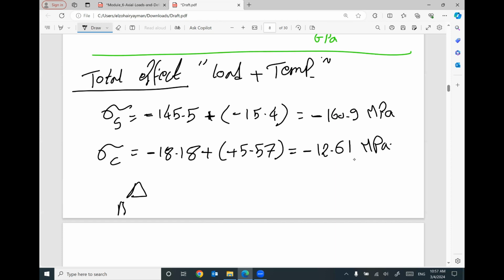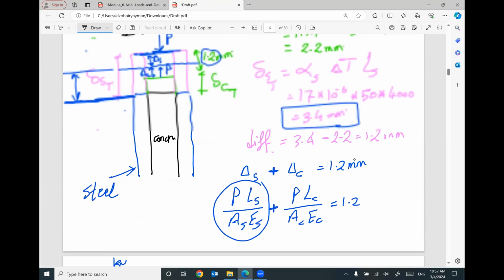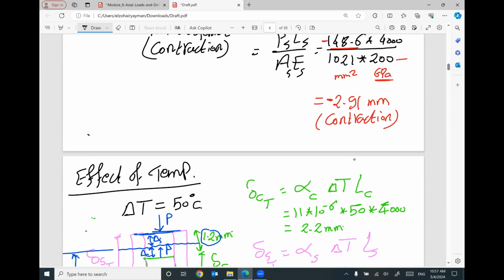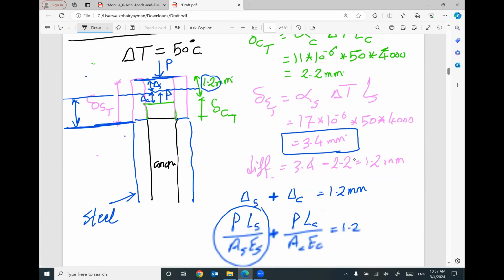The final change in the axial deformation in the composite column due to temperature and the applied load: keep in mind, due to the applied load we have contraction in the column, negative 2.91 millimeter.